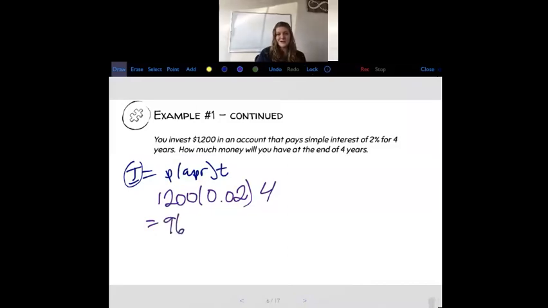Now, is $96 the amount in the account? That just tells us how much interest there is. To get the amount in the account, add the principal plus the interest, and we get 1,296. So we get the same result either way. I just wanted to show you on the previous slide exactly how this is being calculated.